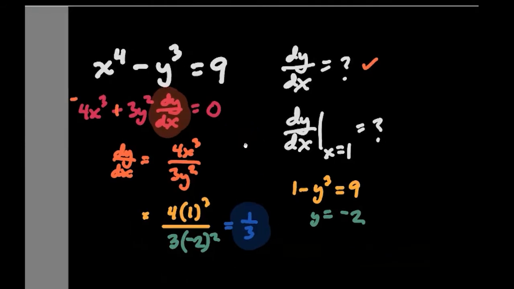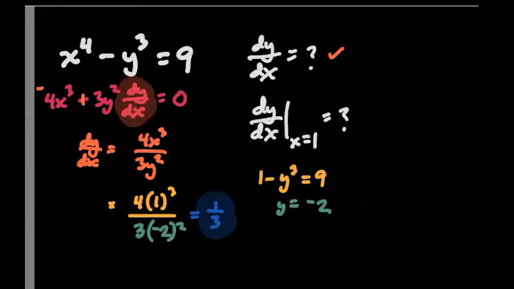So now we're going to go further down the rabbit hole, as I'm sure some of you probably already guessed. I want the second derivative at x equals 1.